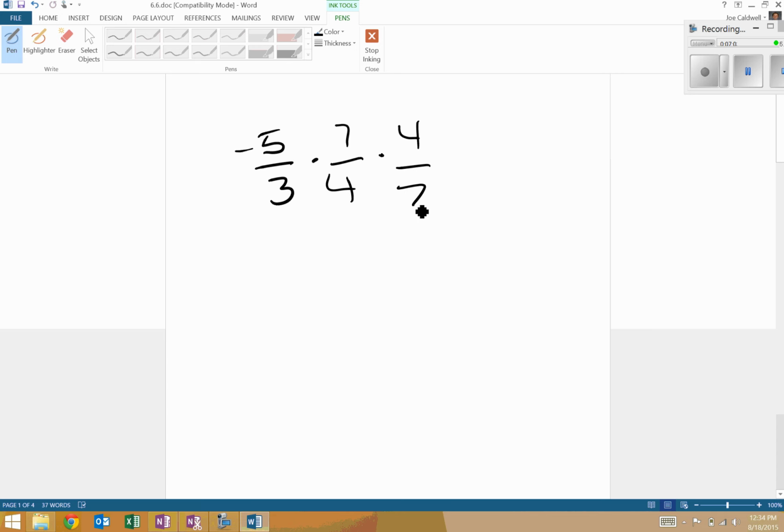So we could know, oh, we have reciprocals. We know those are going to cancel out to equal 1, because of our multiplicative inverse property, any reciprocals equal 1. And then our identity property says anything times 1 equals itself. So we can use those properties to quickly solve a problem.